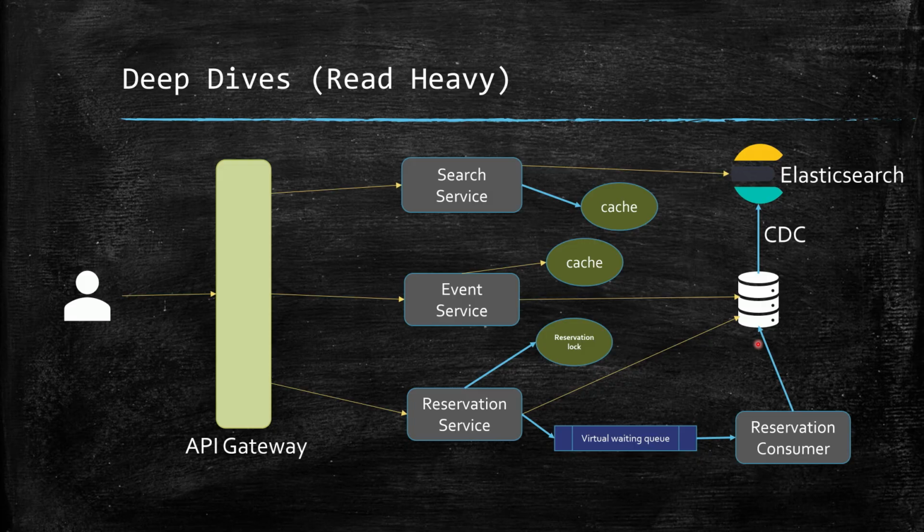Or you can invalidate the cache whenever a new event is added, say an event by the performer Taylor Swift or someone else, and you want to show it in the search result. You can invalidate the cache that is mapped to the key Taylor Swift, and then it will start picking up from the database itself and then cache it again. So this is one part.